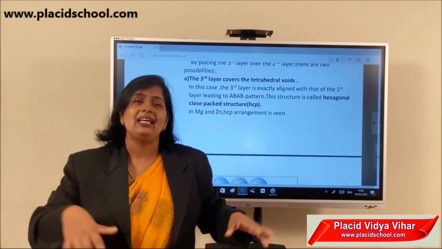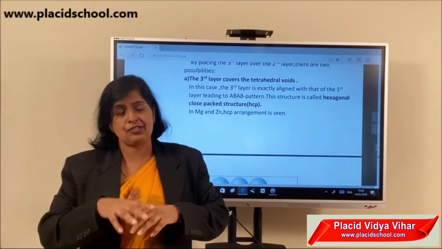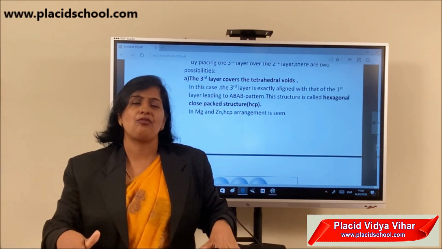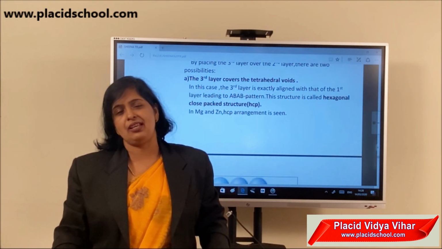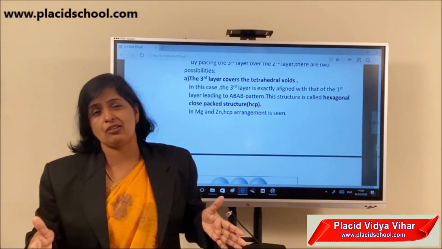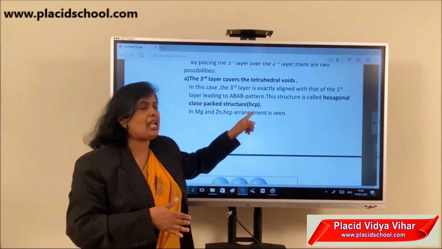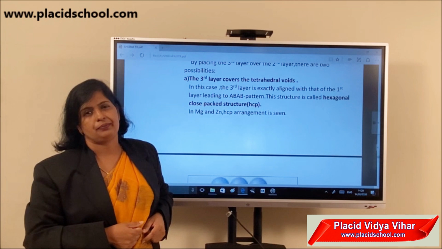Then the third layer keep on the tetrahedral voids because they are depressions. Then the third layer will vertically align with the first layer, and such type of three-dimensional close packed structure is called hexagonal close packed structure, or it's abbreviated as HCP.